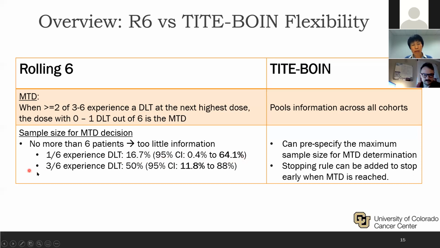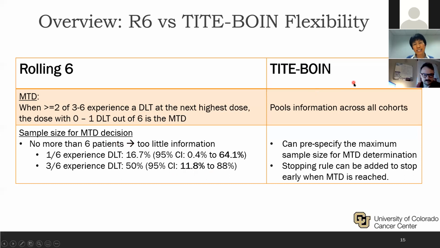That's scary. And if 6 out of 6 patients experience DLT, although the point estimate is 50%, the 95% lower CI can be as low as 11.8%. So with the rolling 6 design, if there's 3 out of 6, we immediately reject the dose. However, that toxicity level can be as low as 11.8%. The reason is that with 6 patients you don't have much information, so the confidence interval is extremely wide.